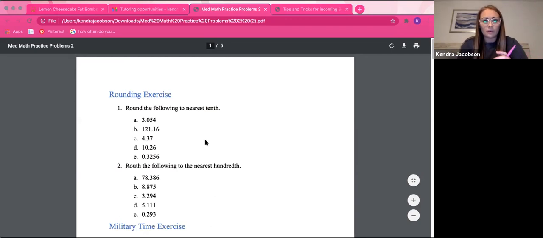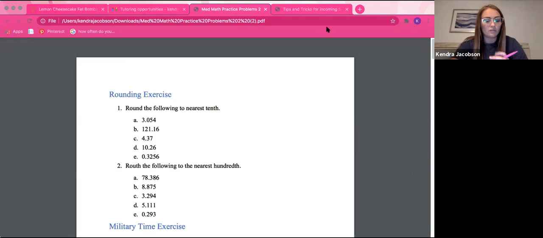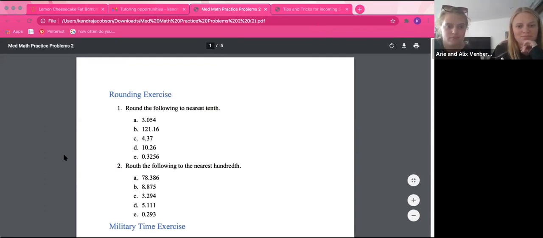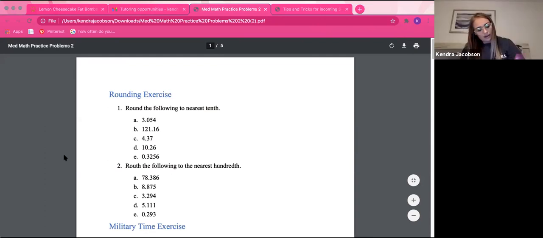Does everyone know how to do that, or does anyone know how to answer the first question for 1A? 3.1. Yep. So when it does come to ending with that 0.05, when it's 5 and above, you do want to round up.